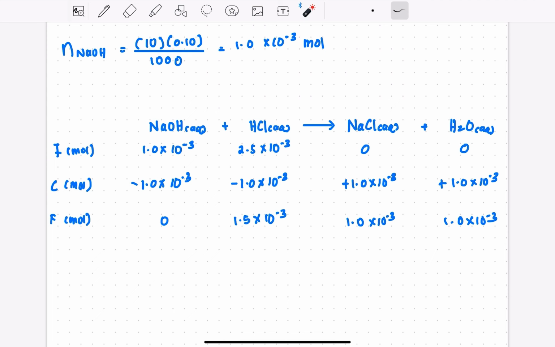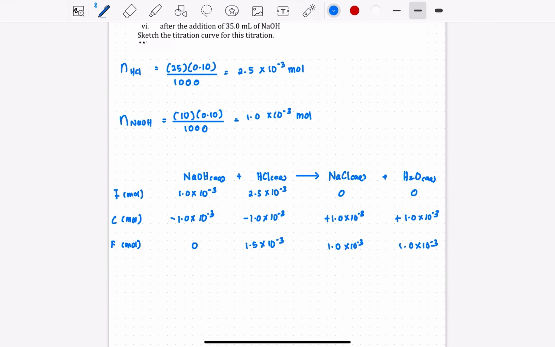Which means, if I can draw it, in the conical flask, initially it has 2.5 exponent negative 3 moles of acid, hydrogen ion, but after the addition of 10 mL of the sodium hydroxide, it left 1.5 exponent negative 3.